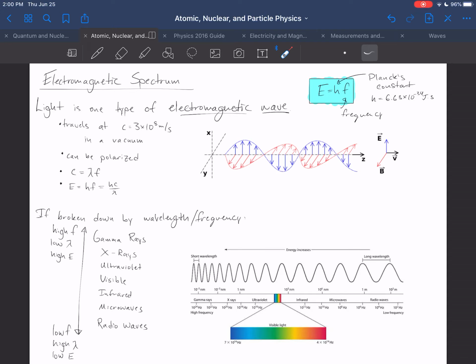Now, there's one more incredibly important relationship that we will discuss the origin of in higher level a little bit later on in topic 12, and that's the relationship between energy and an electromagnetic wave. In most waves, the energy is proportional to the amplitude of the wave squared, just like the power.